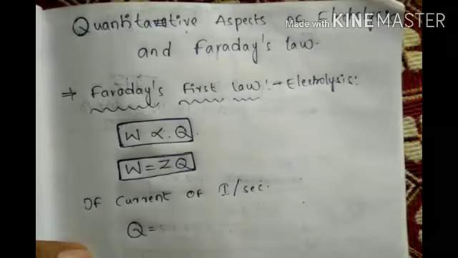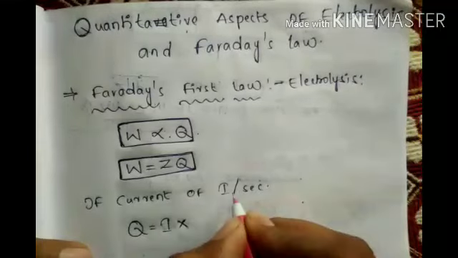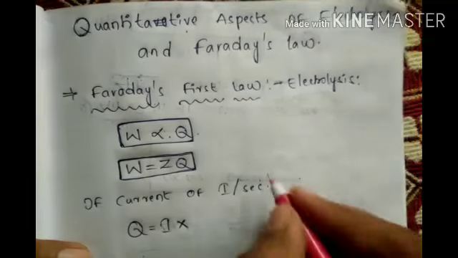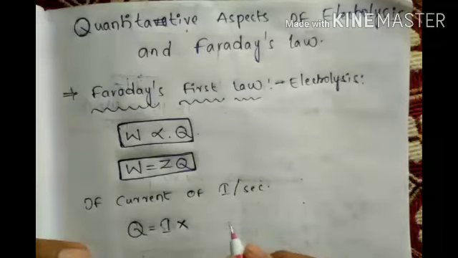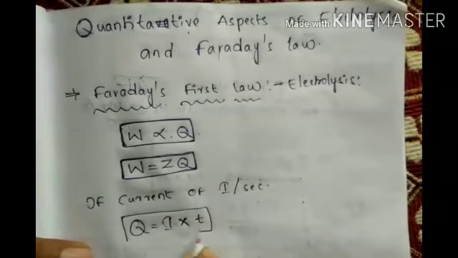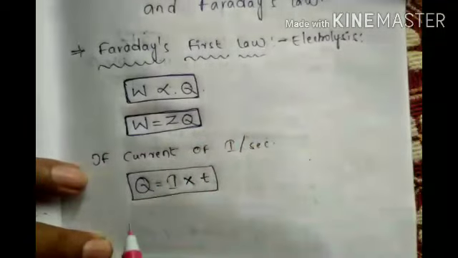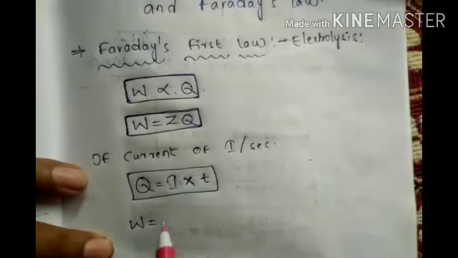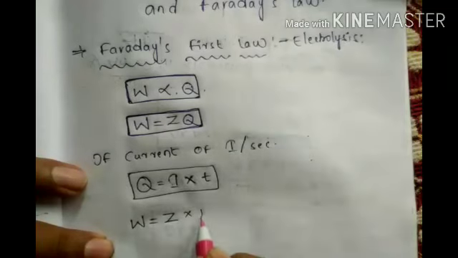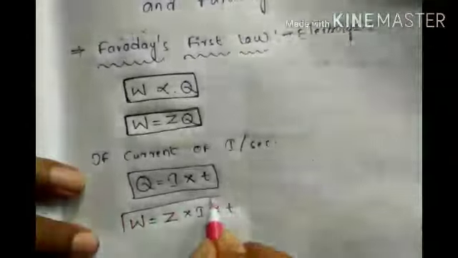So Q equals I into t, where I is in amperes and t is the time in seconds for which the current is passed. Now apply it: W equals Z times Q, and Q is I t. So W equals Z I t.